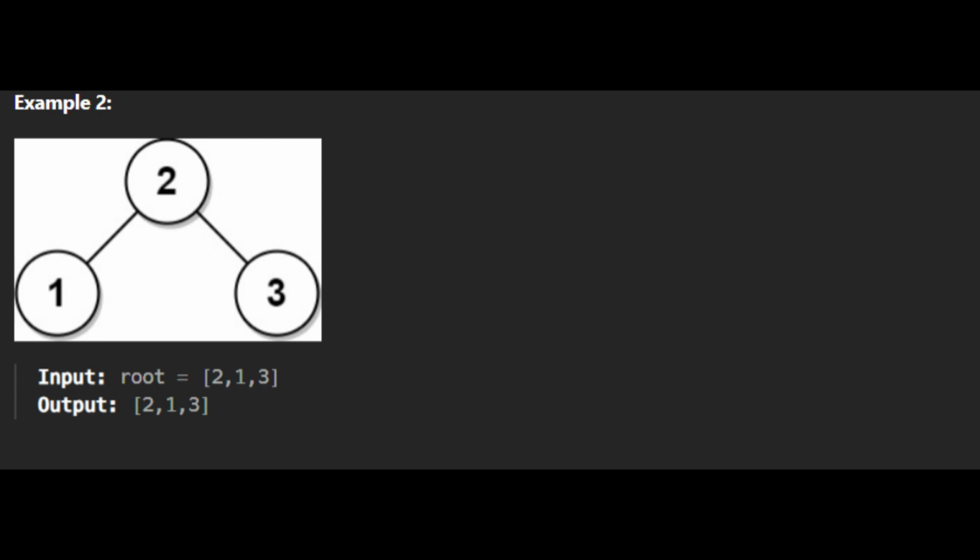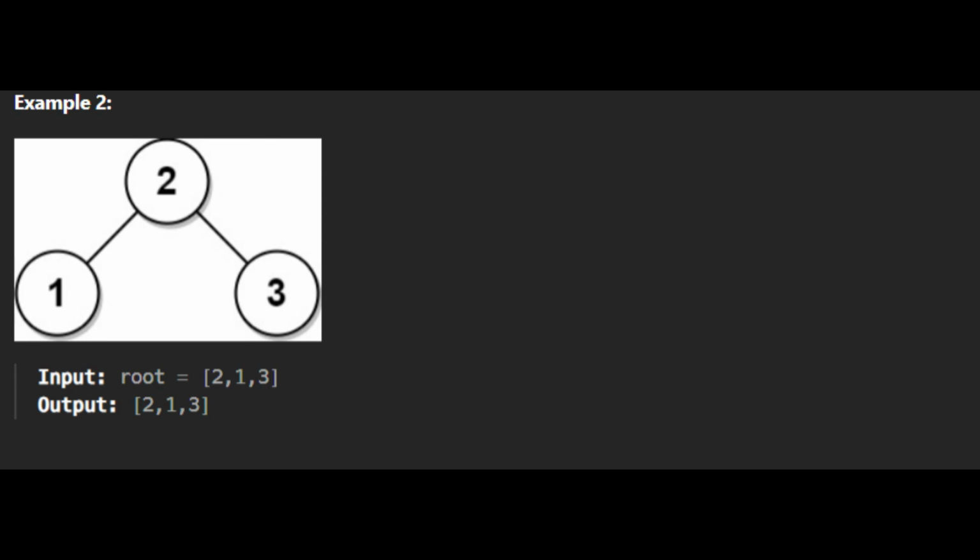Let's look at the second example. The input tree is 2, 1, 3. If we visualize this tree, 2 is the root. 1 is the left child, and 3 is the right child. This tree already satisfies the binary search tree property. It is also already balanced because the left and right subtrees of the root have the same height.